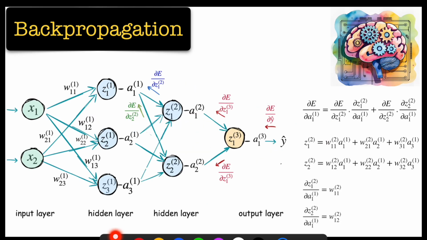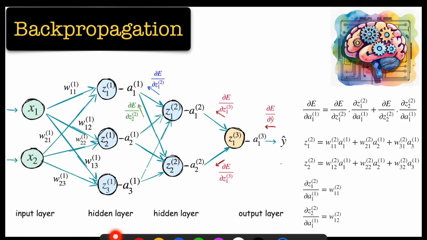Now if we want to calculate del E del A11, where is A11? Here. How will we calculate that? A11 is used where? In Z12 and Z22, in both the paths, right? So if we just see the path from A11 till our output, you see this is one path and this is another path. So we have to calculate the gradients in both the paths and then take the summation.